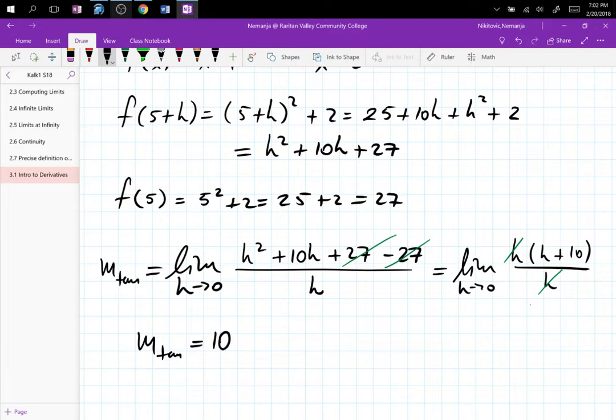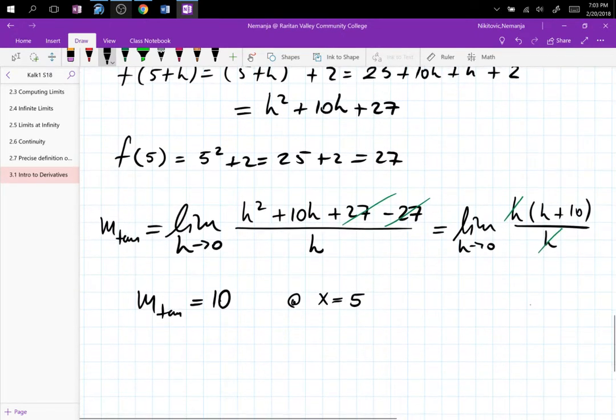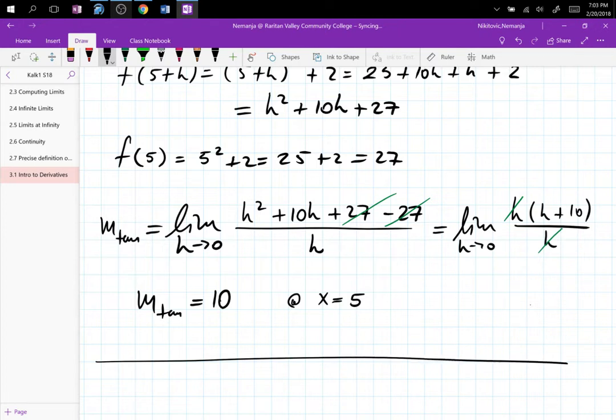Yay. So that was at x equals 5. I actually didn't want 5. Let's do it for negative 4. And I'm pretty sure that once we're done with negative 4, I want to know how much it is for 248.